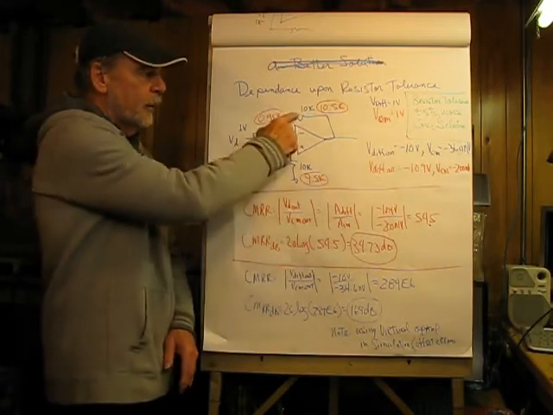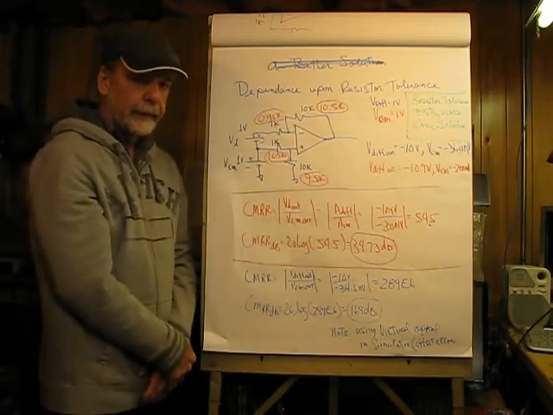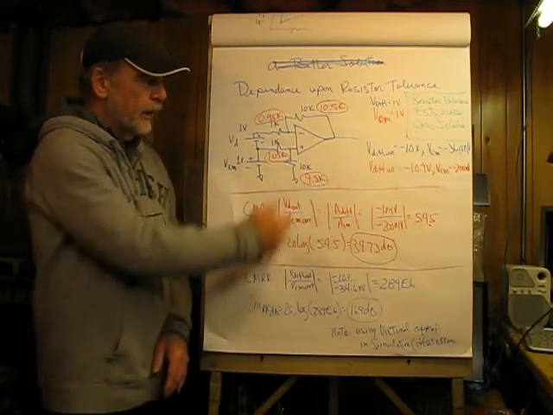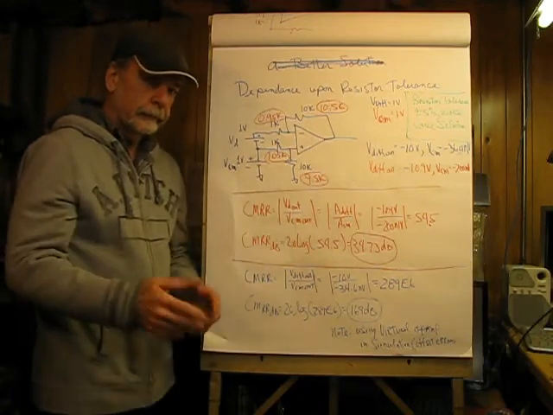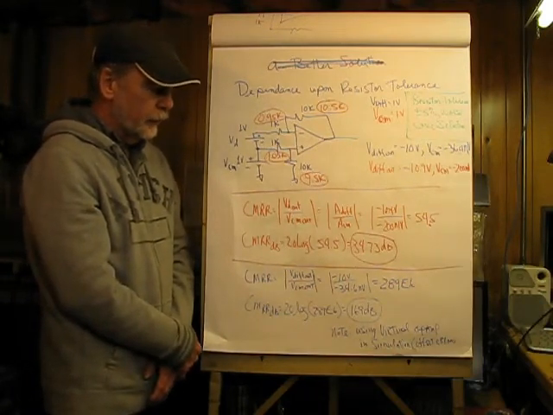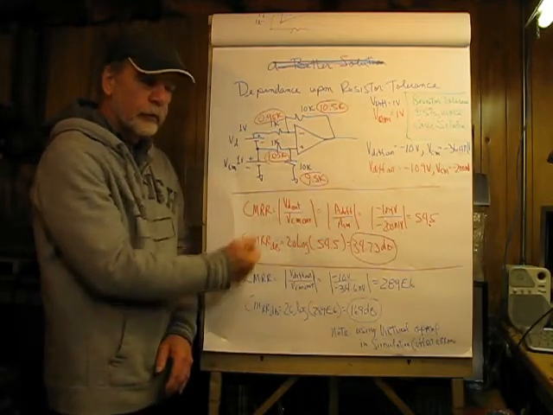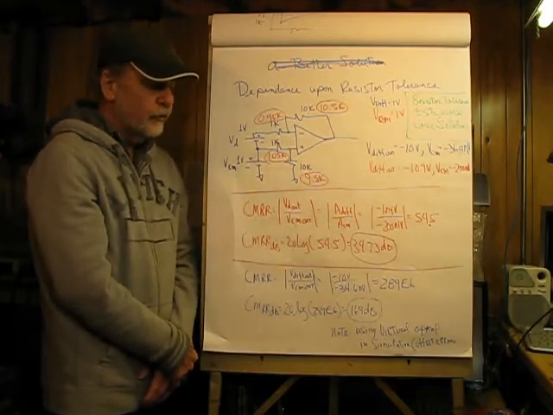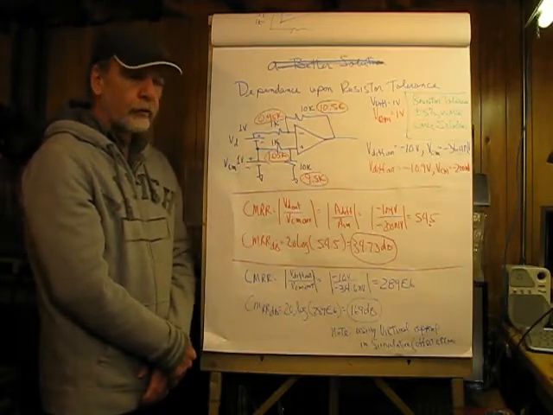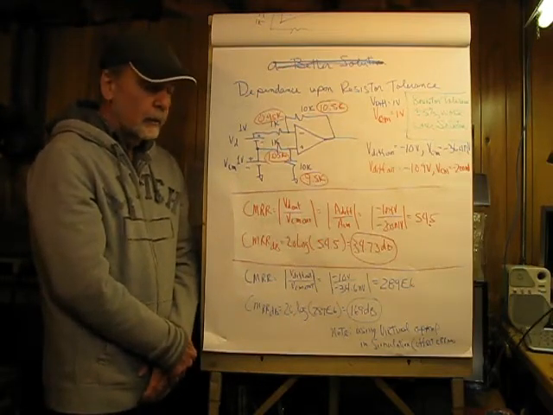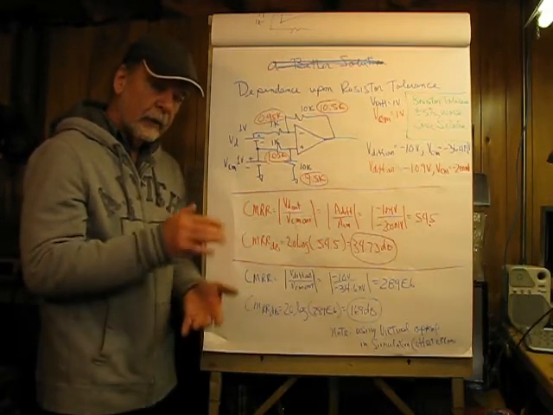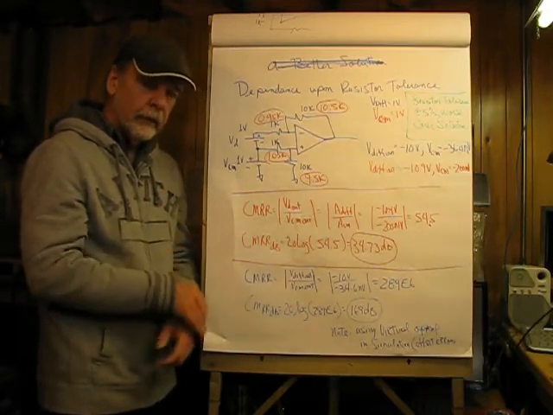So this would be 10.01 k ohms. And then find out, based on a quality operational amplifier, what the common mode rejection ratio will be. And if 1% isn't good enough, you may have to go down to 0.1%. Now these resistors are available, but as you can probably guess, as the tolerance gets better and better, the cost goes up.